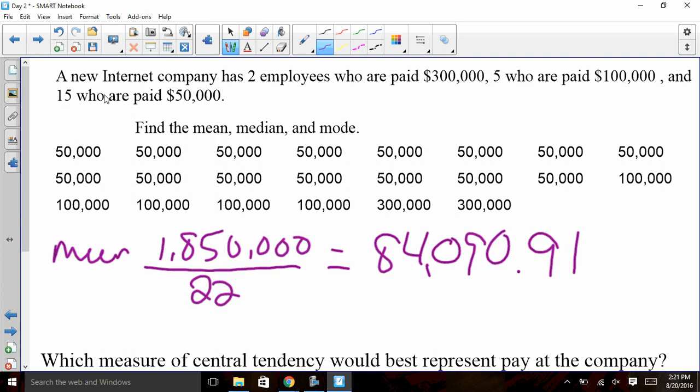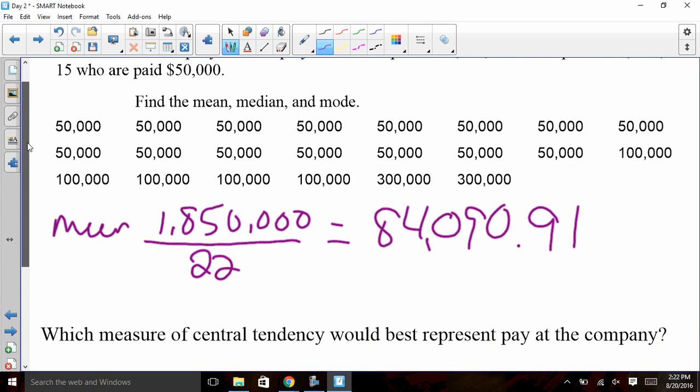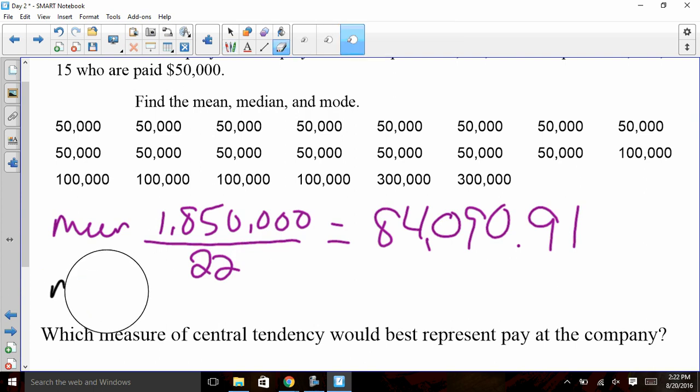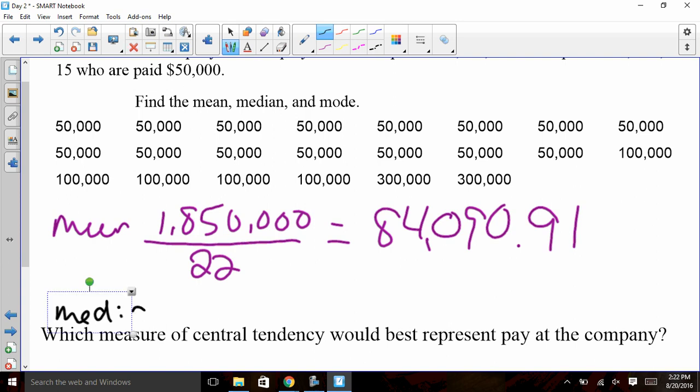Okay, so now let's go ahead and take a look at finding our median. Let's try that again. So again, our median's that number in the middle. So I cross off the smallest and the biggest.